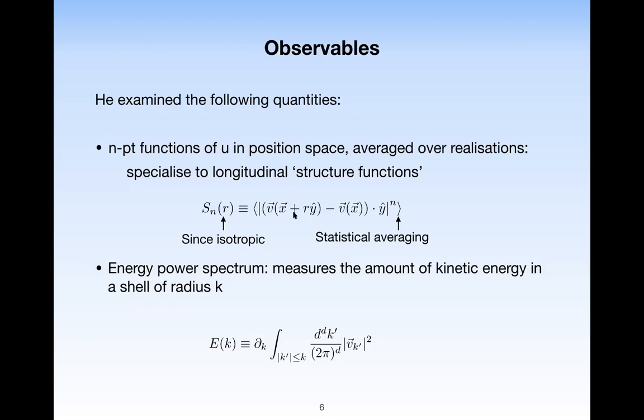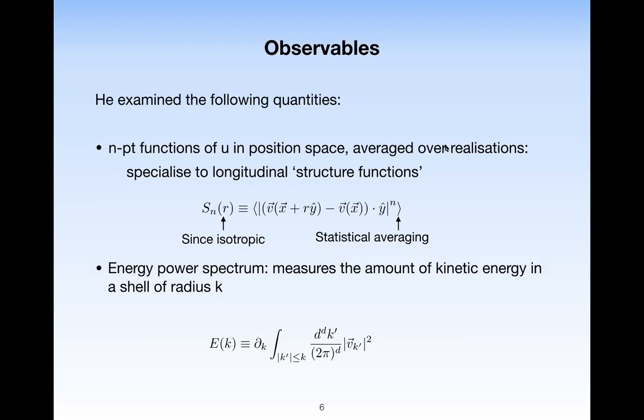You take the difference, you dot that with the unit vector connecting the 2 points, and then you raise this to the power n because you're interested in the nth longitudinal structure function, and then you take appropriate statistical averages over realizations because you want to extract the statistical properties of this function.